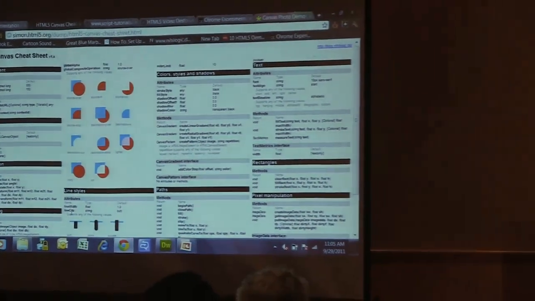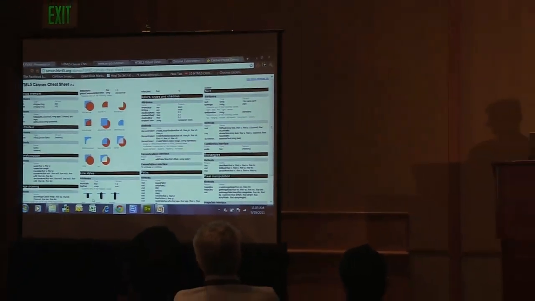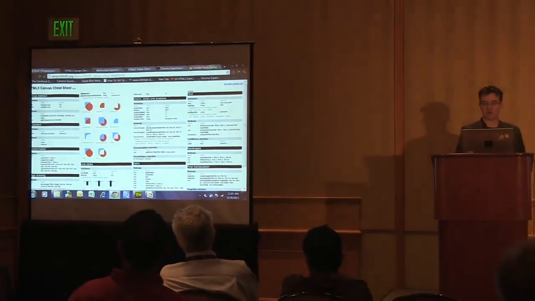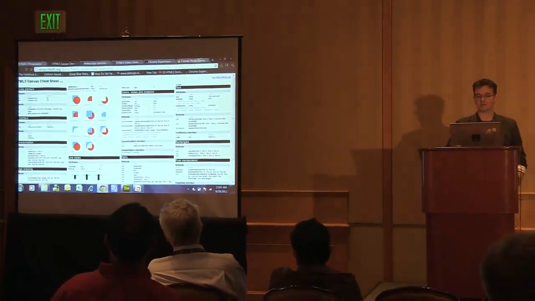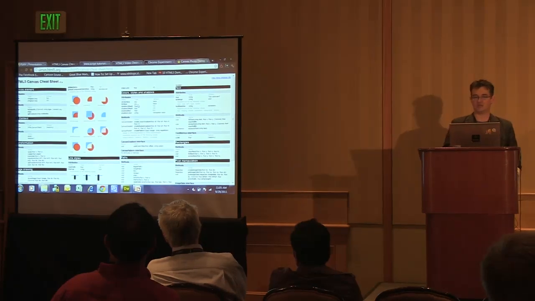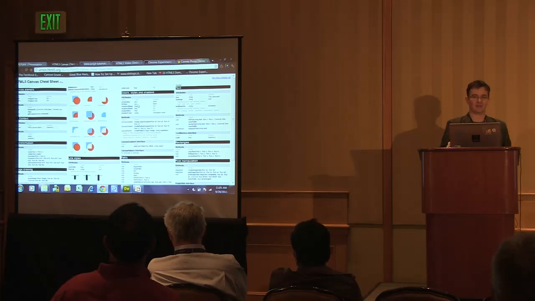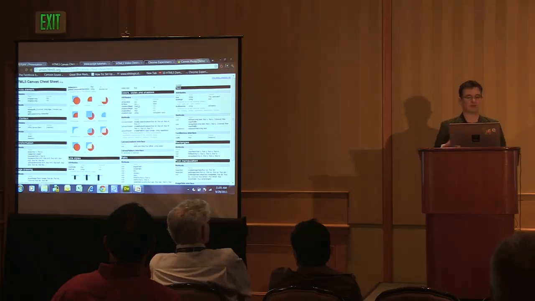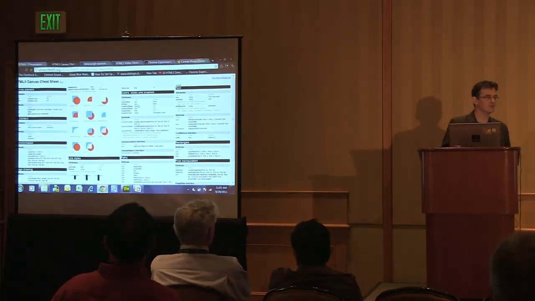You can say what kind of cap it is. Is it going to be a butt, round, or square cap? Fill styles, things like that. So this is a great cheat sheet to refer back to, because if you're like me, you're not an experienced developer, you're not going to remember this stuff as you go on throughout the rest of your day. And you'll come to this stuff every so often. So this is a great cheat sheet to help you out.